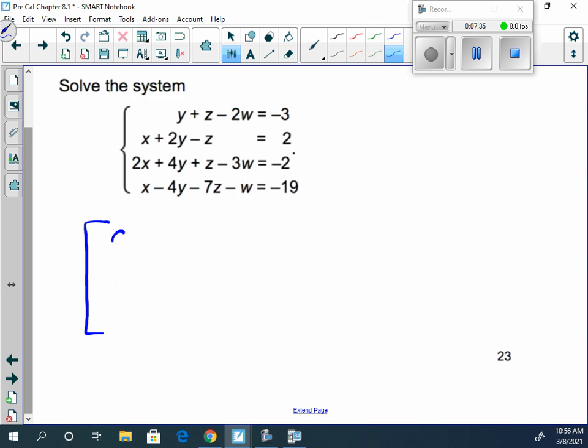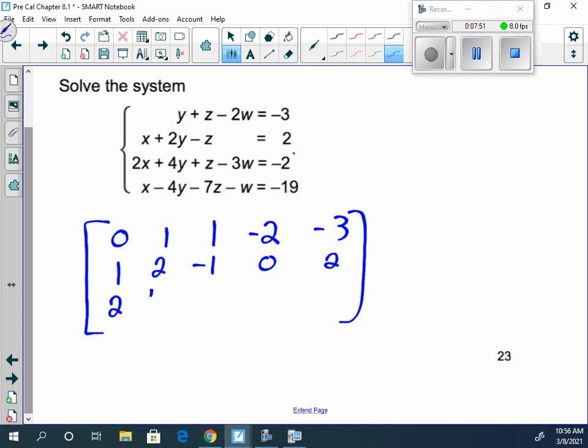So if we look at the first one, it's 0 for x, 1 for y, 1 for z, 2, negative 3. Then we have 1, 2, negative 1, 2, 4.